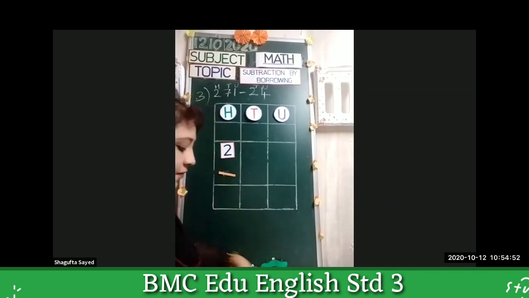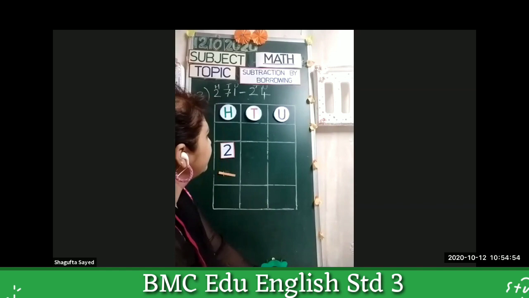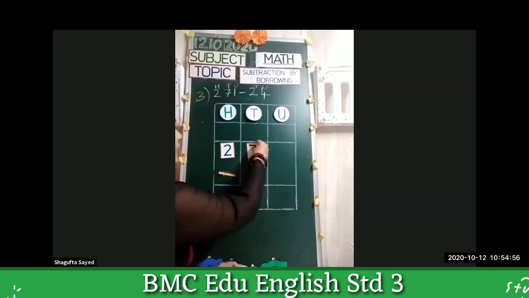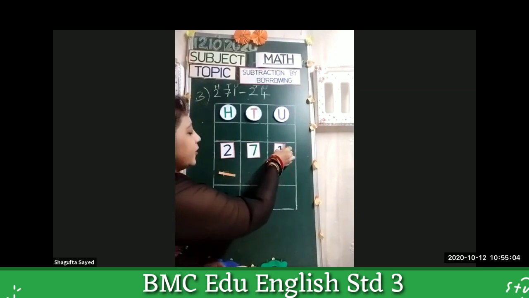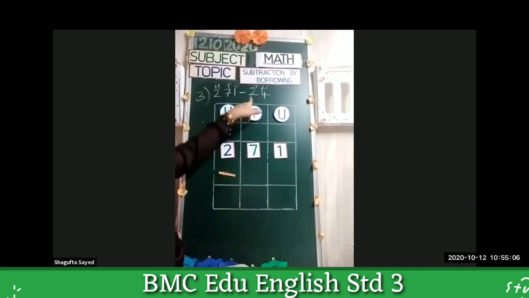Yes, 7. So 7 is at which place? Tens place. Now what is this? 1. 1 is at which place? Absolutely right. Unit place. Now we have to minus 24. 2 is at which place? Who will tell me? Yes, tens place.